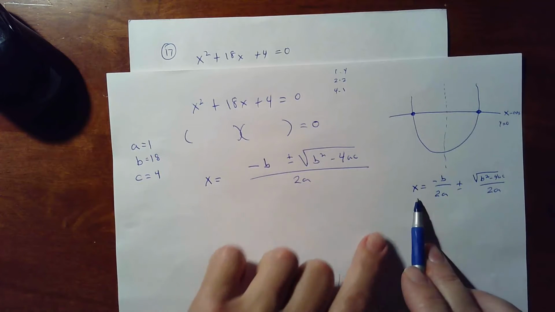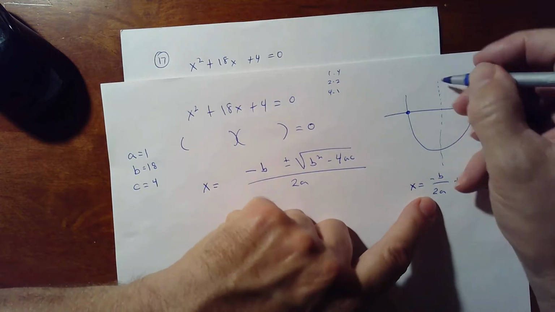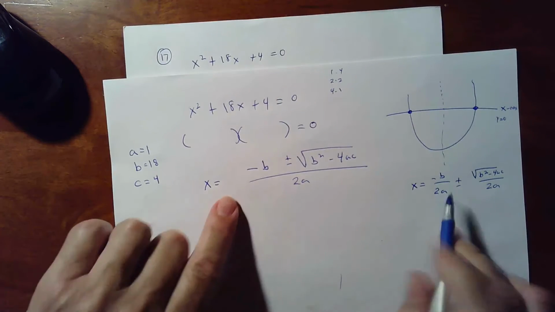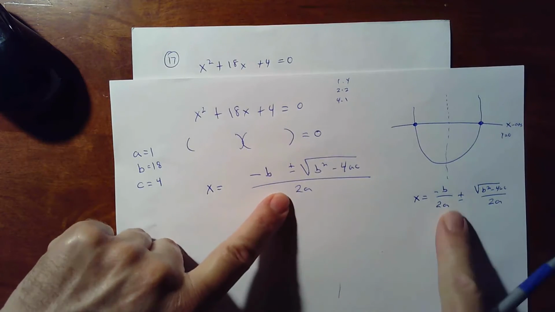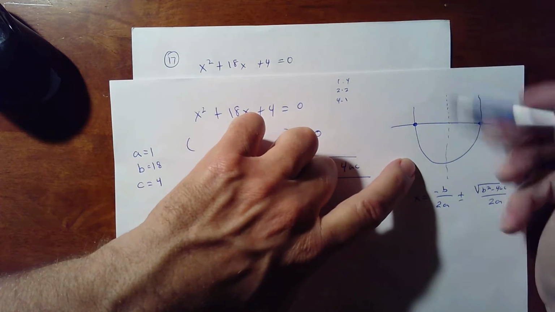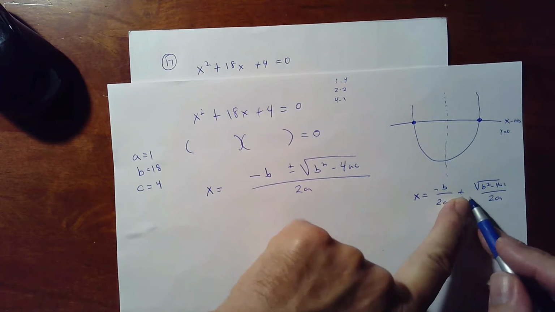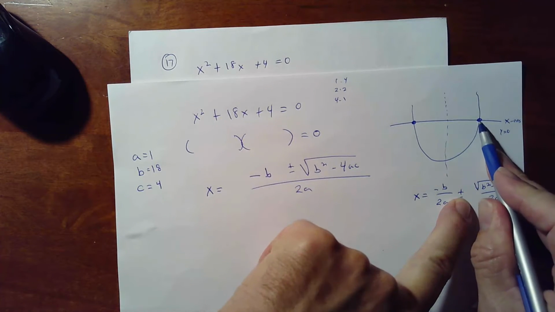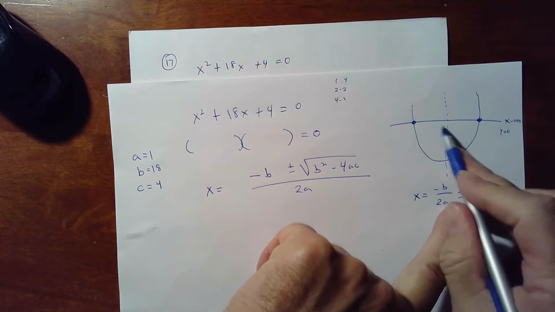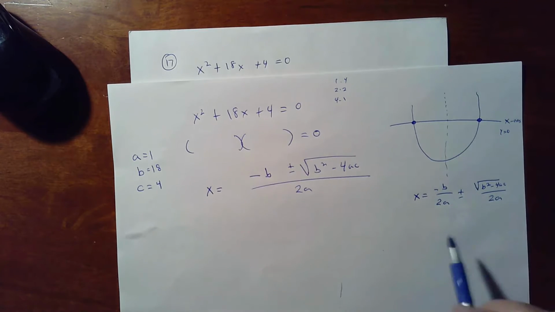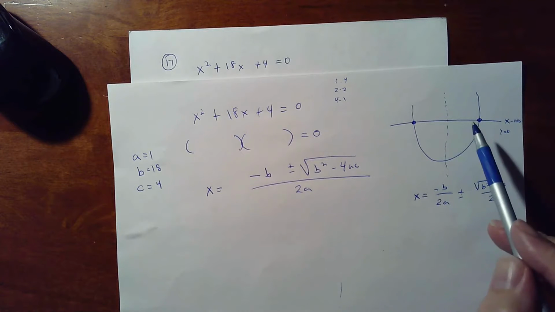This line of symmetry occurs at this first part of the term, negative b over 2a. And then we add some value to get to this one, and subtract some value to get to that one.